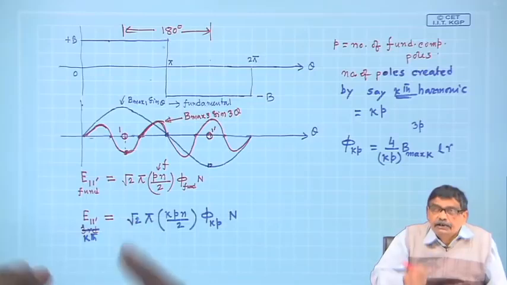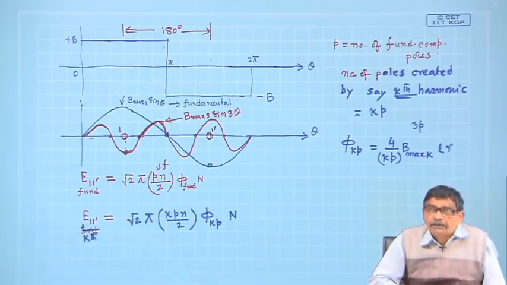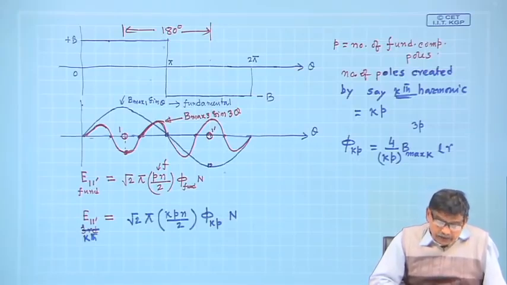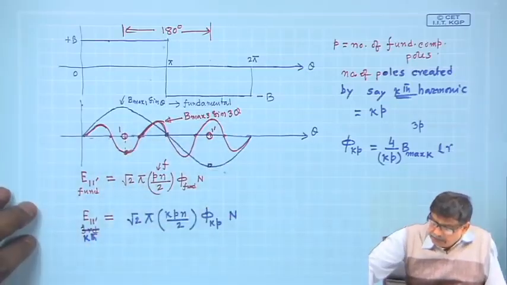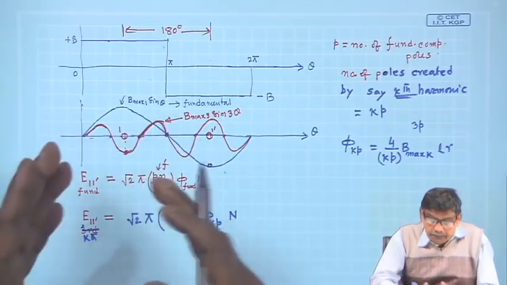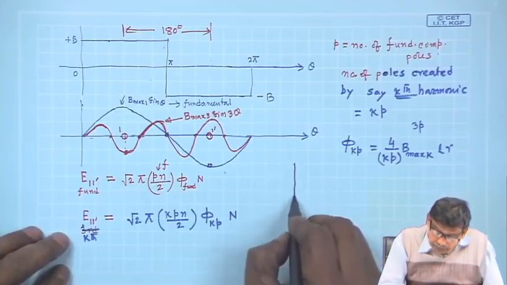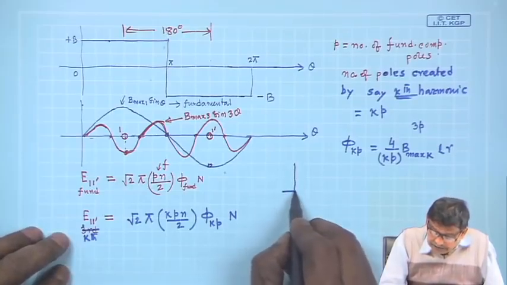If it is originally a 4 pole machine, because of the fundamental, it will become 12 poles, is it not? So, that is very interesting. But in any case, as I told you, if you are using multiple coils, your B distribution may be like this.